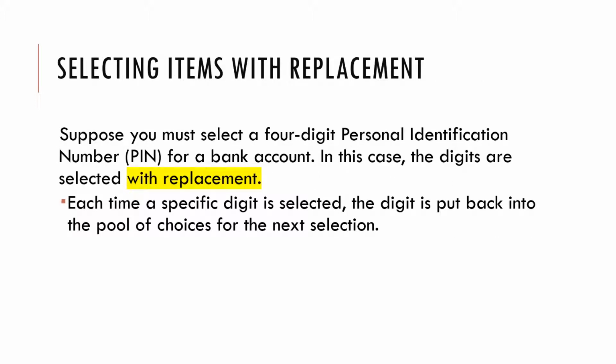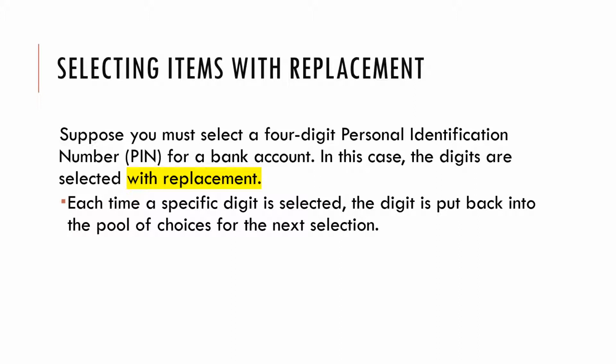Let's look at an example of selecting items with replacement. Suppose that you open a checking account at a bank and you have to select a 4-digit personal identification number for a bank account. Personal identification number, that's your PIN. In this case, your digits are selected with replacement. So what that means is that you're allowed to choose the same number multiple times.